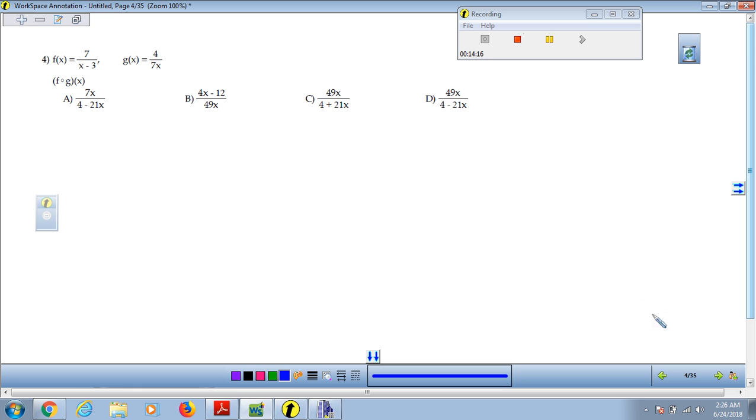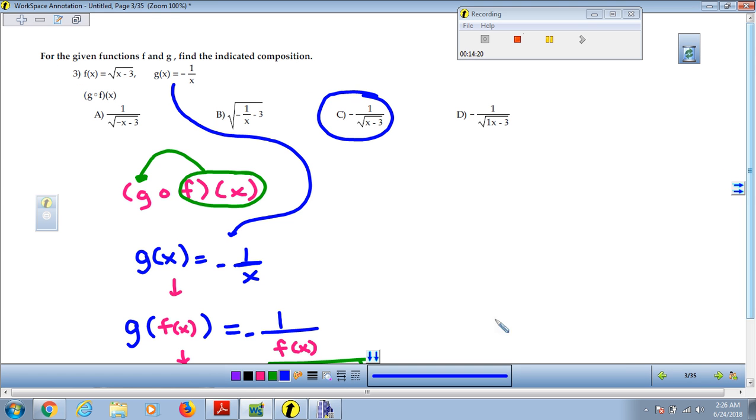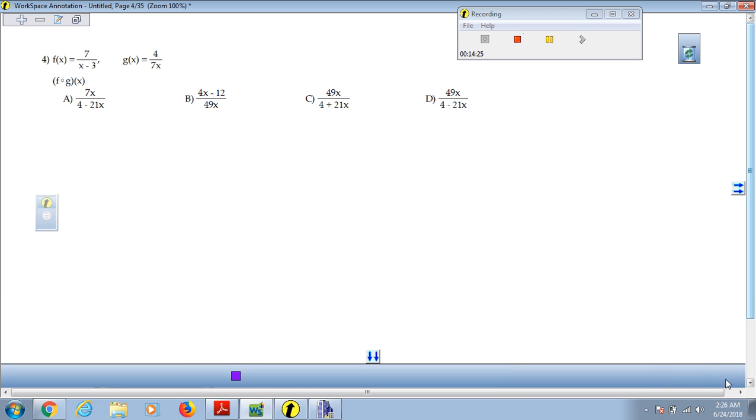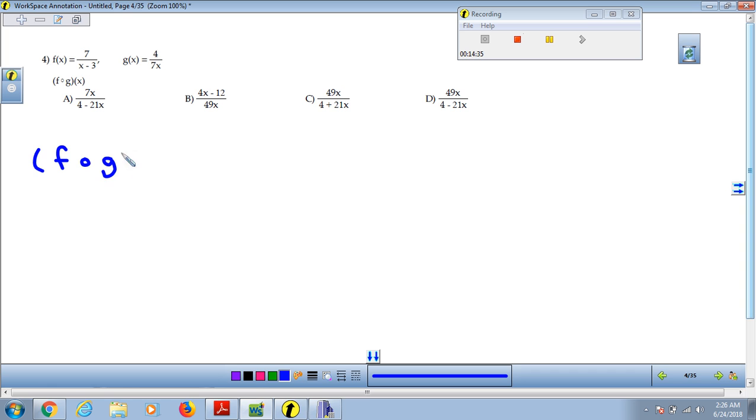Okay, here, this is using the same instruction from 3, finding the composite function as indicated, using these two functions now. So then, here they're telling me to do f of g of x. So, what does this mean? Well, I have to substitute g of x into every x of f of x.